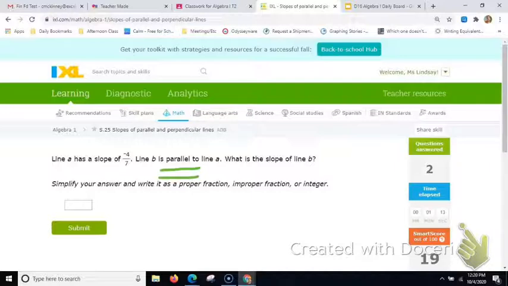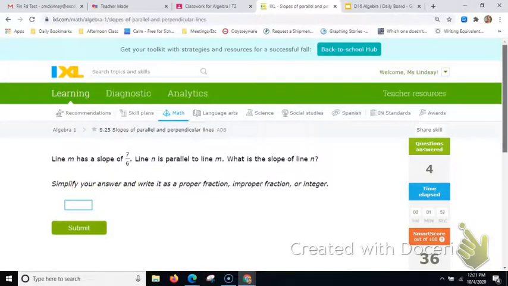So parallel to negative, and that slope is negative 4/7. So negative 4/7. Perpendicular, opposite sign. So if it was negative, now it's going to be positive, and then 7/4. So it still flips.